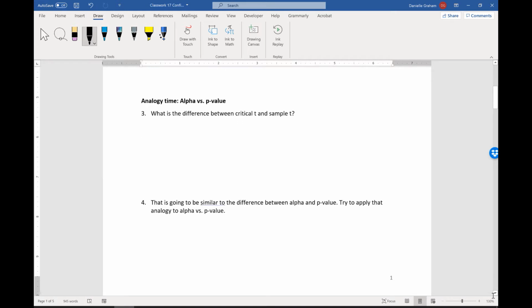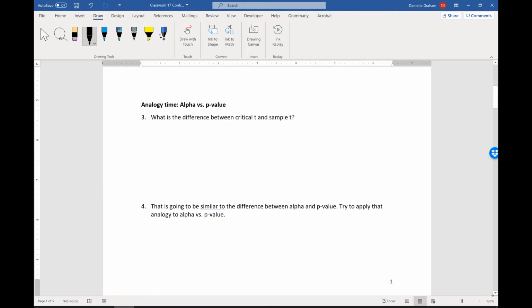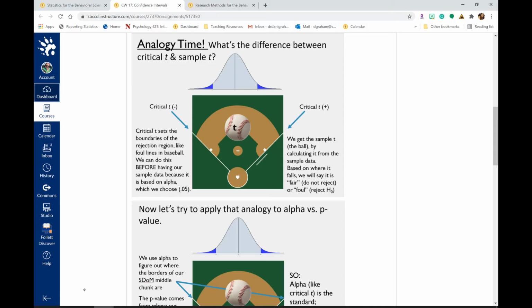So with 3 and 4, I asked you to look at these slides about comparing, we want to know what's the difference between critical t and sample t, and then how does that apply to alpha versus p-value? Because it's really confusing.